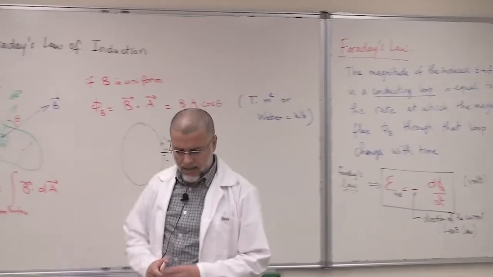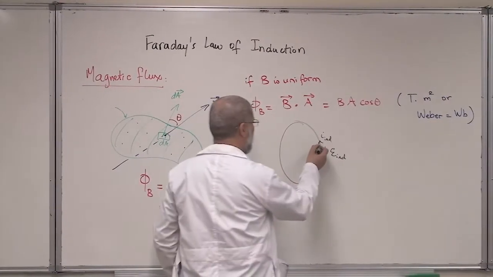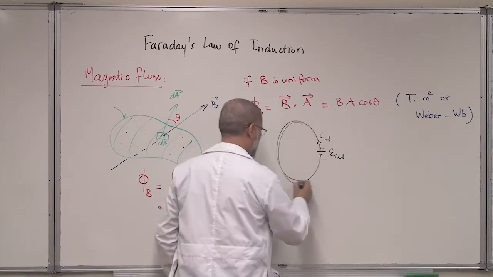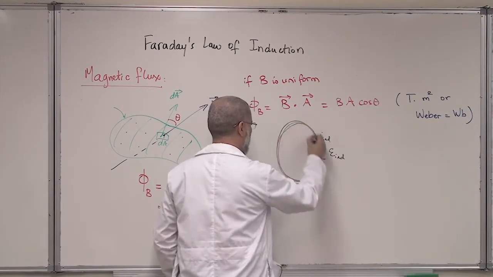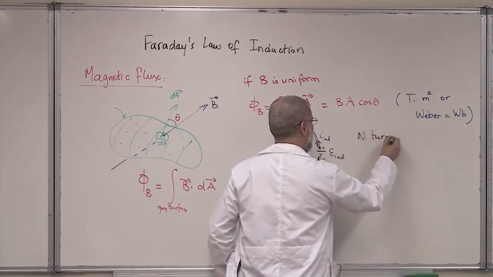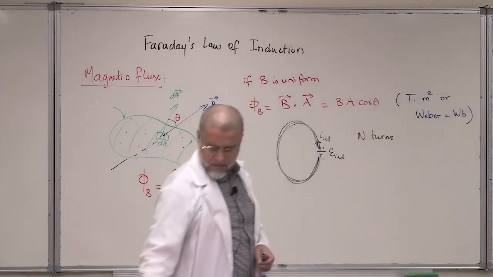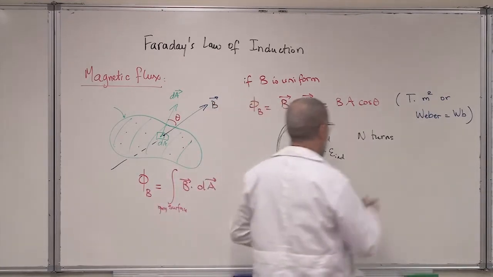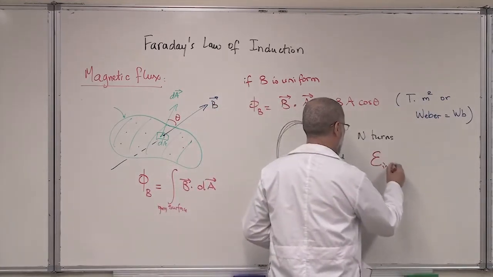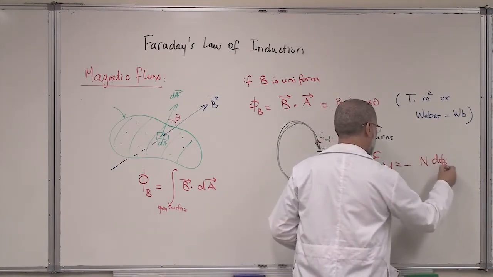Now, if you have more than one turn, your wire is actually made of many turns, N turns, then the induced EMF will be minus N d phi B over dt.